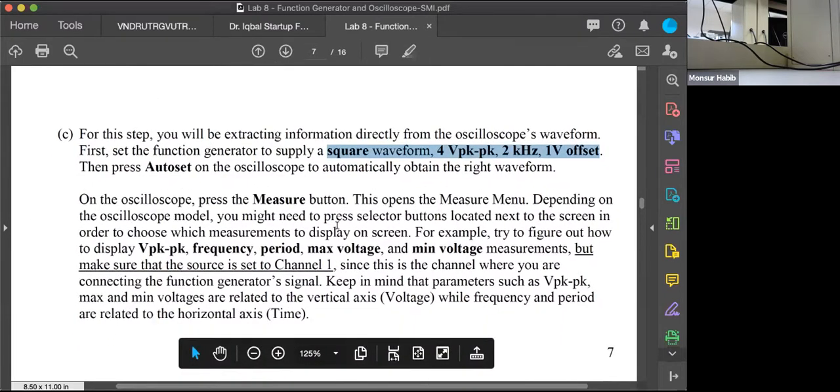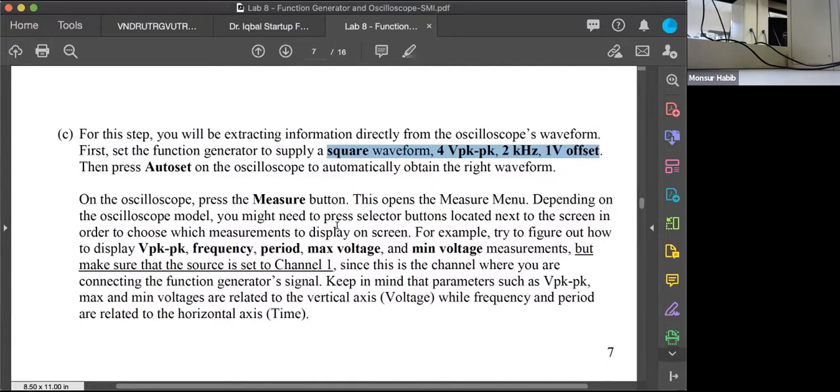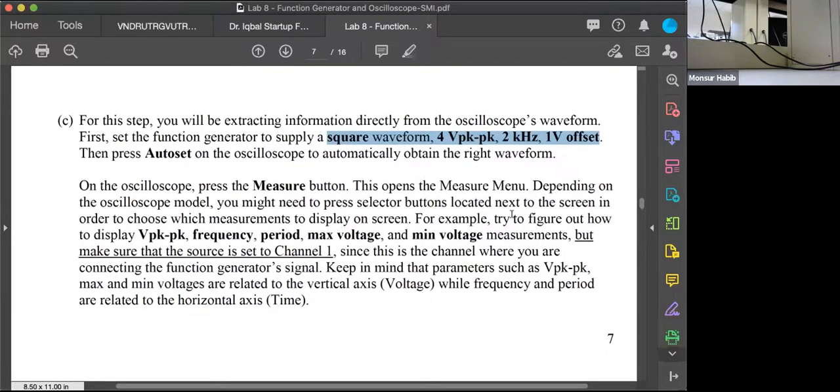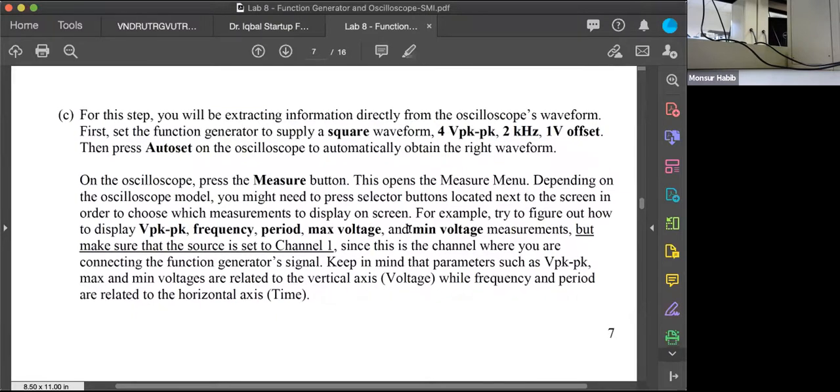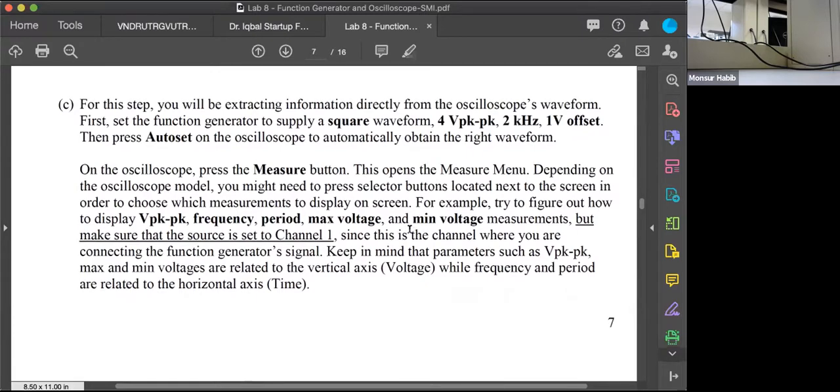Once we are ready, we push the measure button, and we get a bunch of options where we can find voltage peak to peak, frequency, period, max voltage, min voltage. You have to make sure you are on the right channel where you are measuring. All the things that you have set up on the function generator, the oscilloscope will be measuring.